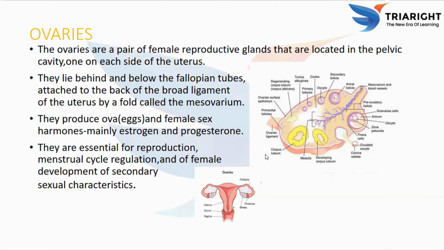Endocrine function means secretion of hormones like estrogen and progesterone. Estrogen regulates the menstrual cycle and the secondary sexual traits, whereas progesterone prepares the uterus for pregnancy. In regulatory function, the ovaries influence the menstrual cycle and also pregnancy maintenance. So this is all about the ovaries and their function.